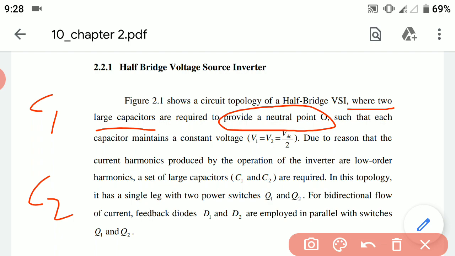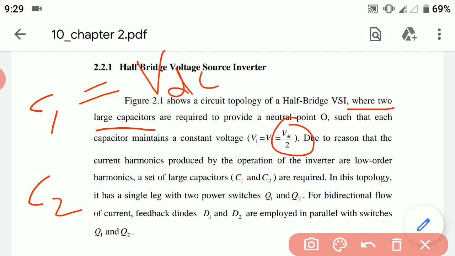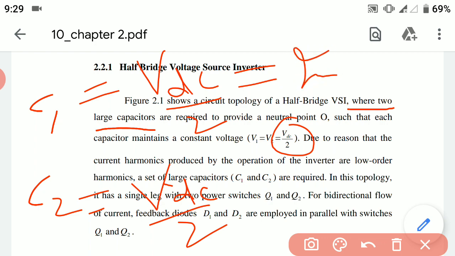Each capacitor can maintain a constant voltage of Vdc by 2, that is Vdc by 2 and Vdc by 2. This Vdc is the input supply, the DC supply to the circuit.